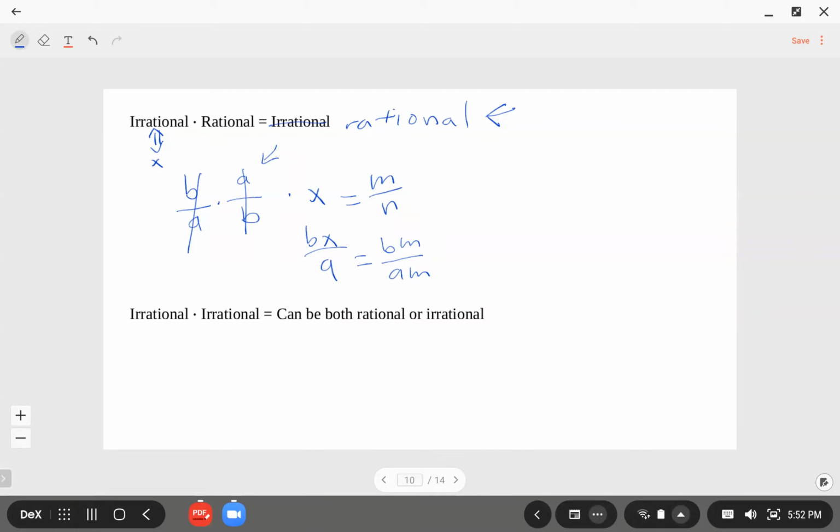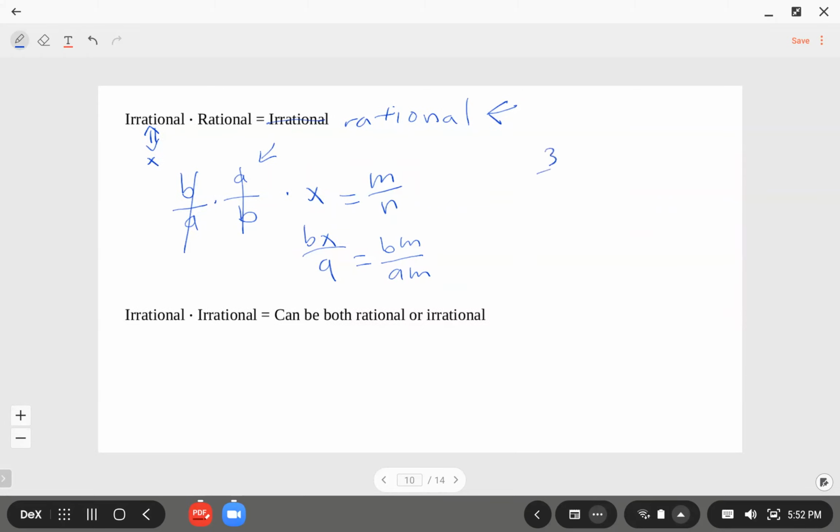So remember, let's say b over a was 3 over 4, and then x was pi. Then b times x over a would actually be 3 pi divided by 4, right? 3 pi over 4.